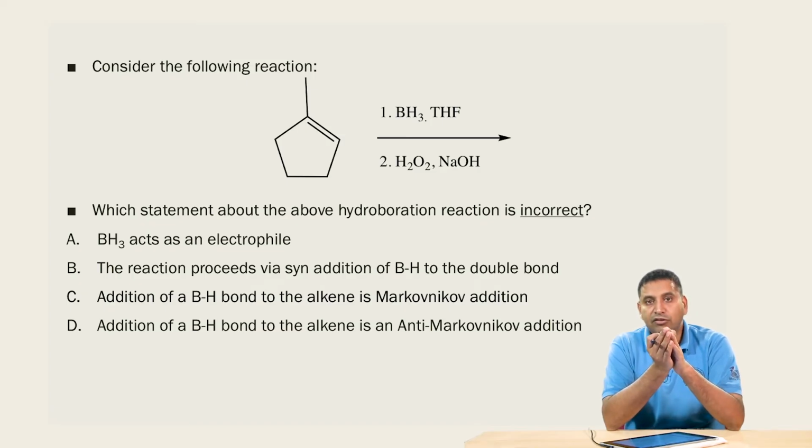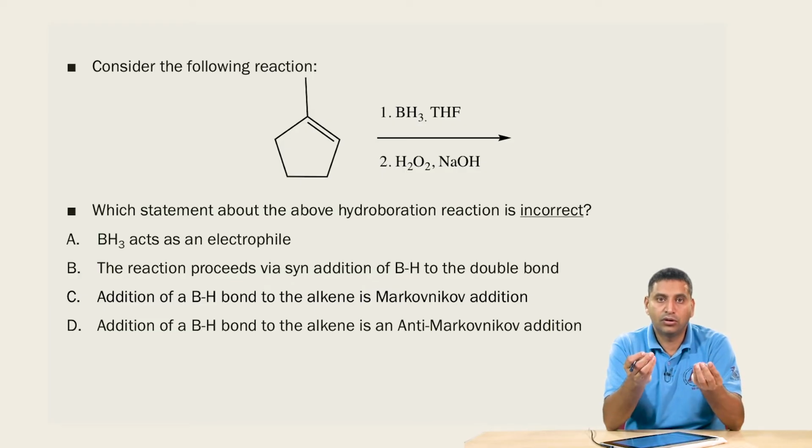C, addition of BH to the alkene is Markovnikov addition. So, here we know that eventually the OH ends up on the less substituted carbon. Therefore, this would be an anti-Markovnikov addition. Okay, so, according to Markovnikov's rule, the substituent should end up on the more substituted carbon.